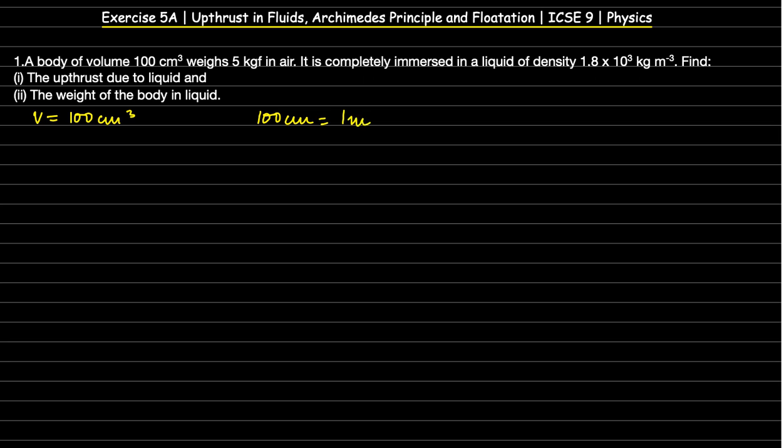So 1 centimeter is equal to 1 by 100 meter, which can be written as 10 to the power of minus 2 meter.